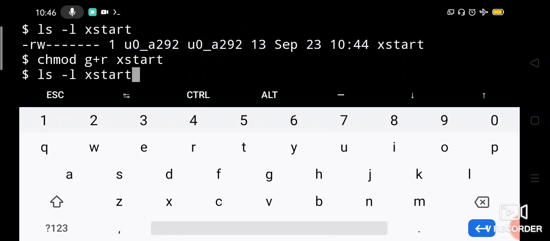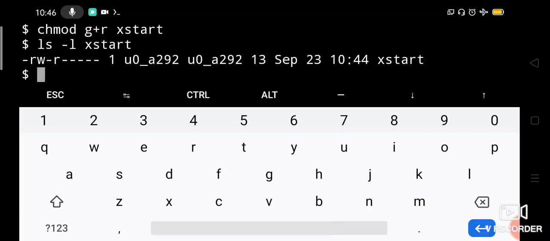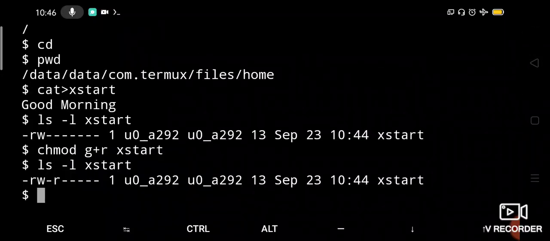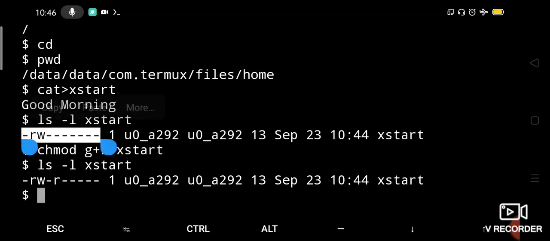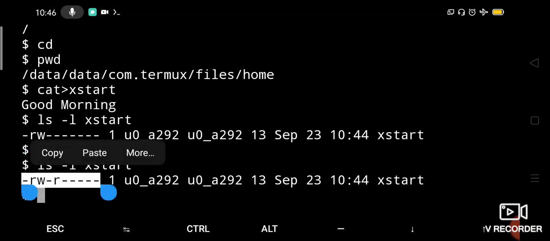Let us see the permissions. Yes, see, in the previous case the read permission was not there for the group category, but now the read permission is added. Can you see here? Yes.